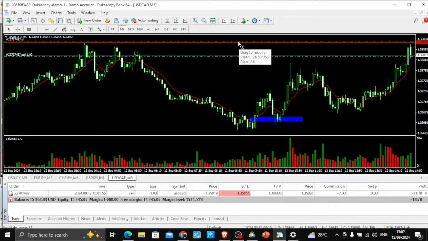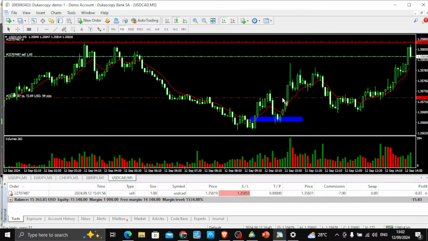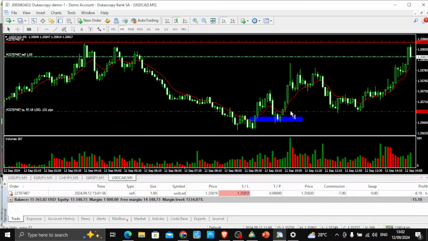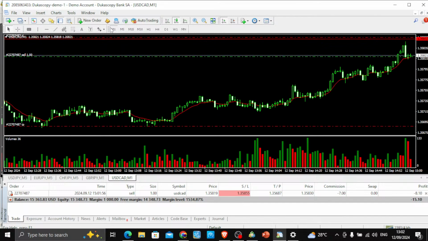So we now check, which is about 3.6 pips. We should be getting at least a minimum of 10 pips. So we come down. These areas we will also get 13 pips, which is very okay.